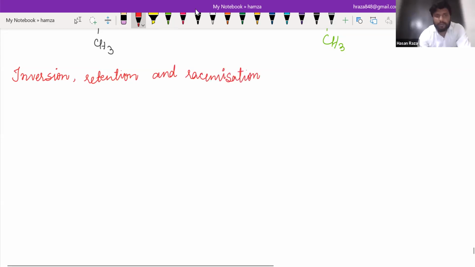These points will also become clear with the help of an example. So I'm going to write a reaction. You can see this is a carbon with which hydrogen is attached.